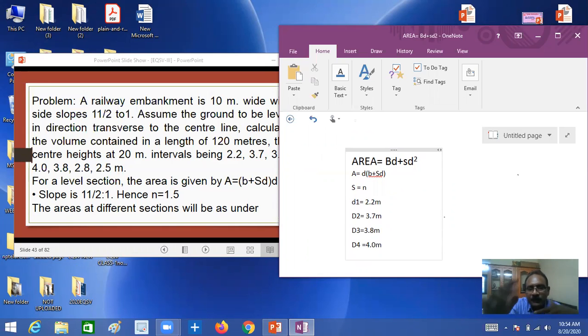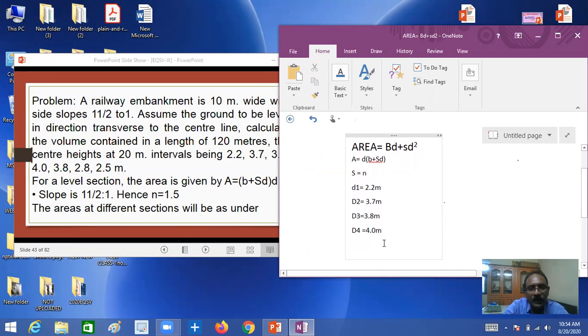This is the depth of the railway embankment. D5 is 3.8 meters. D6 is 2.8 meters.